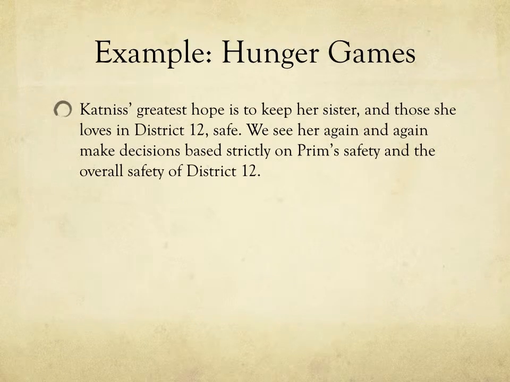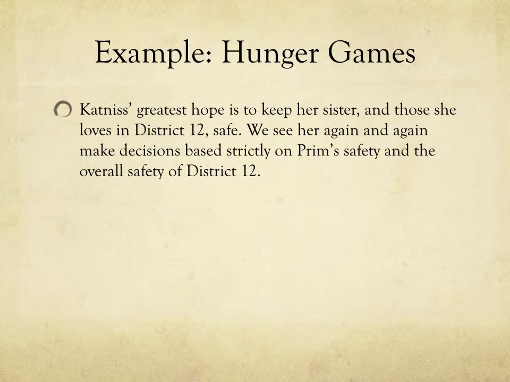And a really easy example is Katniss in Hunger Games. Her greatest hope is to keep her sister safe. She really wants to make sure that she can protect Prim and mostly the people of District 12. We see time and time again she is put in positions where she has to choose either the easy way out, or to keep someone close to her safe, or herself safe.